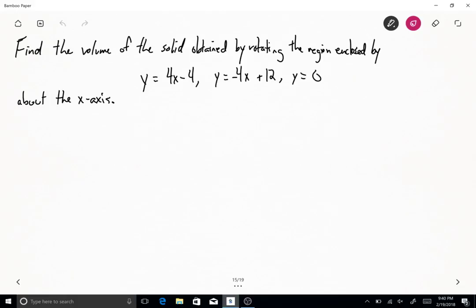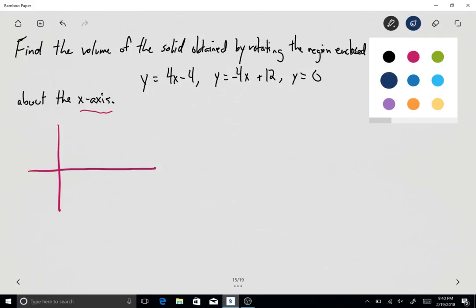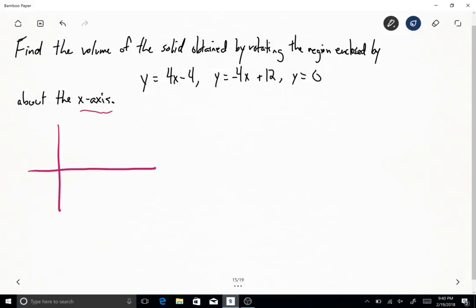But at the end of the day, so this one we're rotating about the x-axis, right? So find the volume of the solid obtained by rotating this region around. I'd highly recommend, if you haven't already caught on, I like drawing the graphs a lot. So there's a reason for that. In this case, if you go 4x minus 4, notice both of these are lines.